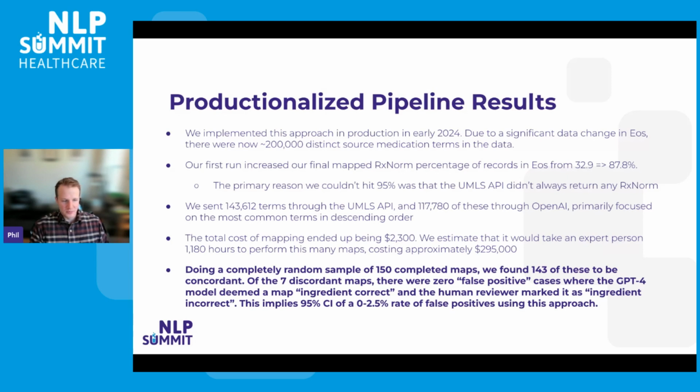Since it was a random sample, we calculated the 95% confidence interval, and essentially we're able to conclude that it didn't seem like the performance was declining or drastically different, even though we were now mapping terms that were far more rare in the data than the first most common 1,000 terms.